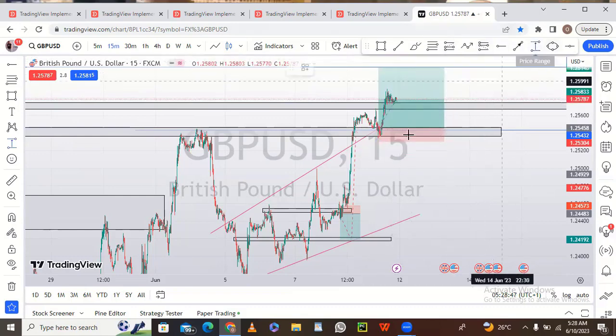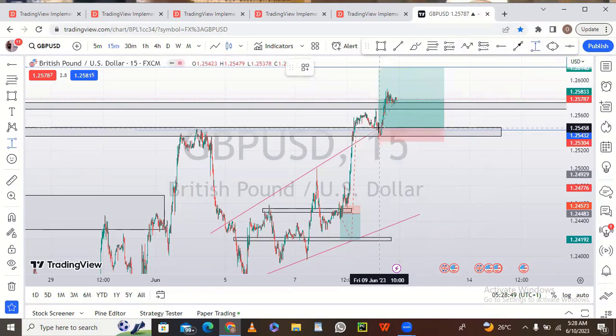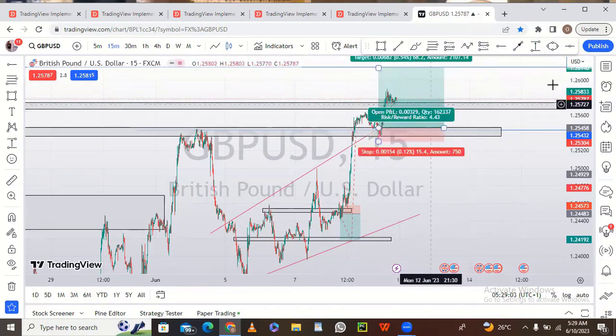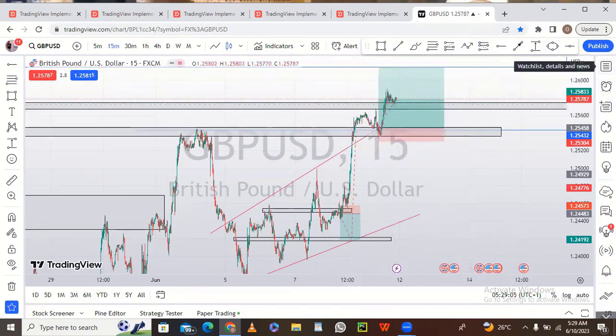And this is about how many pips already? The move is about 42, about 40-something pips. All right, so I have to go with that. You don't have to be greedy, thinking that the trade must get to this point. No, I have to take the partial profit and then wait till next week to continue with the move.